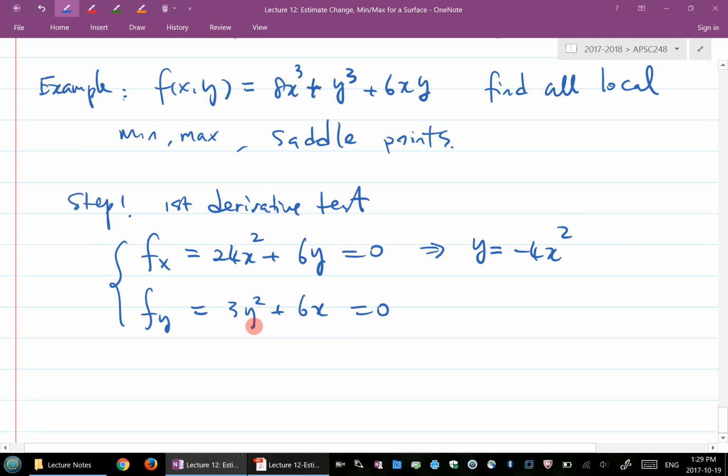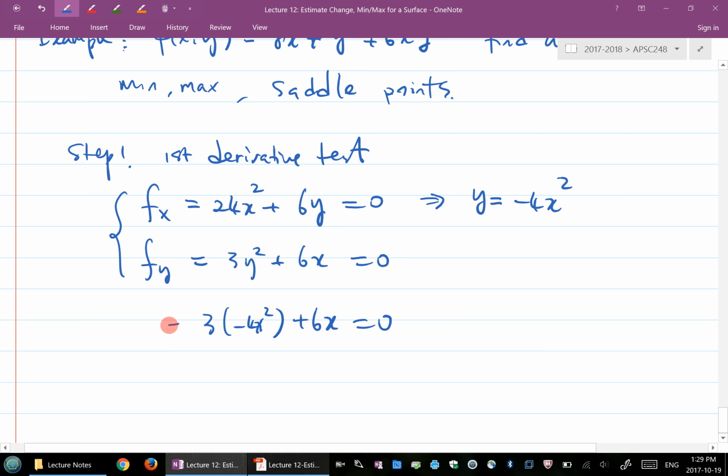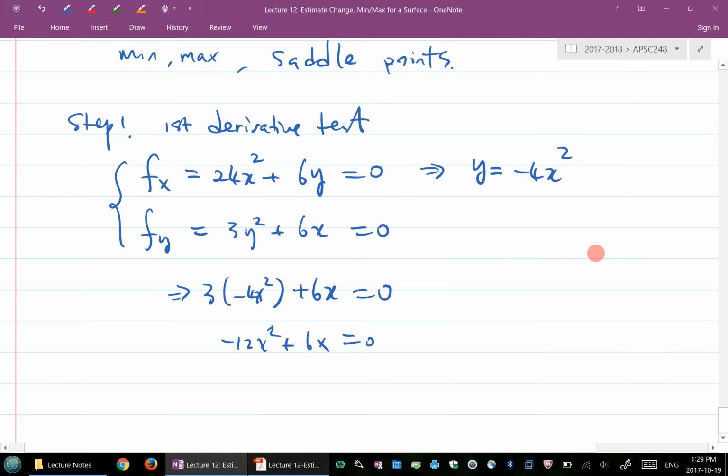The second equation basically becomes 3 times (negative 4x squared) squared plus 6x equal to 0. Simplify this a little bit.